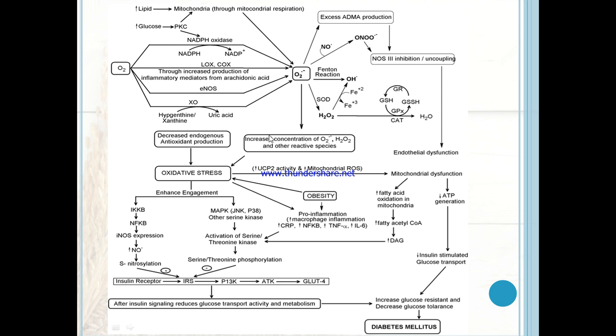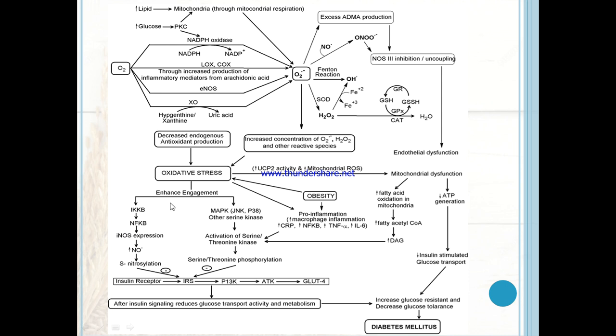If there is an increased concentration of these ROS, they will cause oxidative stress, as we have discussed, and are also responsible for endothelial dysfunction. Whenever there is oxidative stress, these are the normal processes which we have already discussed in diabetes mellitus, so I will not repeat them here.